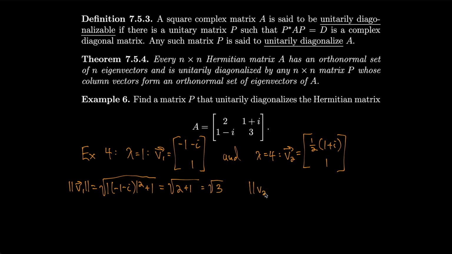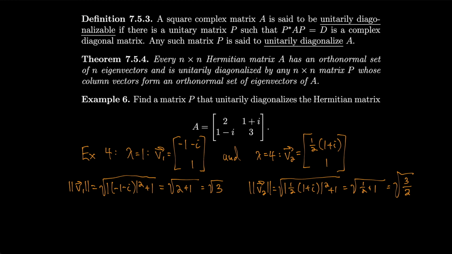The length of v2 is the square root of the absolute value of half (1 plus i) squared plus 1, and that'll be the square root of a half plus 1, which is rad 3 over 2, or square root of 3 divided by 2. Make sure the square root is over both, because usually when we say rad 3 over 2, we just mean the top.